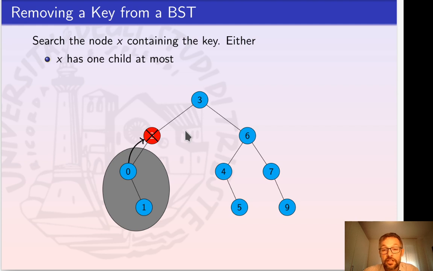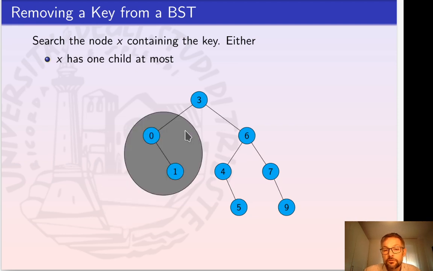Okay, this is quite easy. So once you understood the node you want to delete, which takes time big O of the height of the tree, of course, removing the node in this case takes constant time. Straightforward.